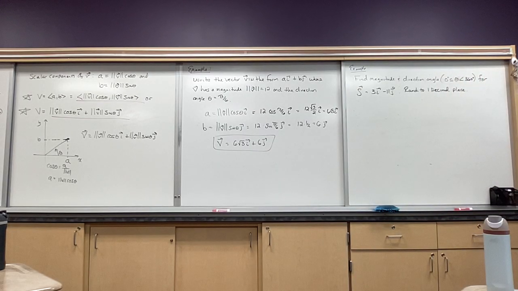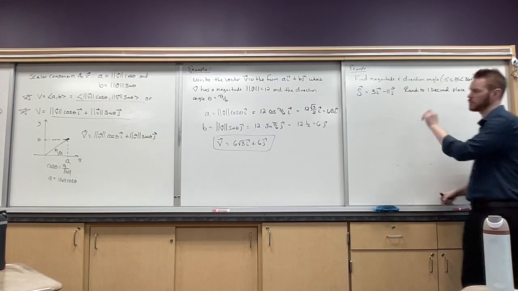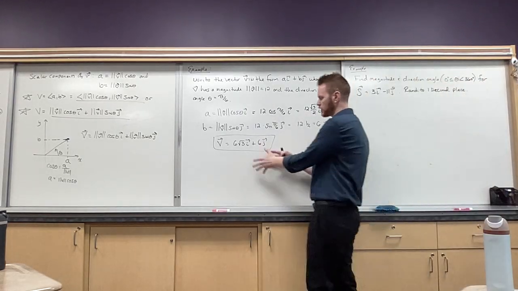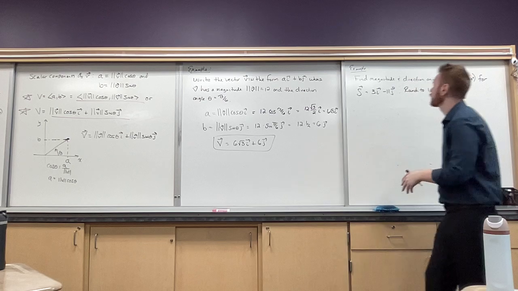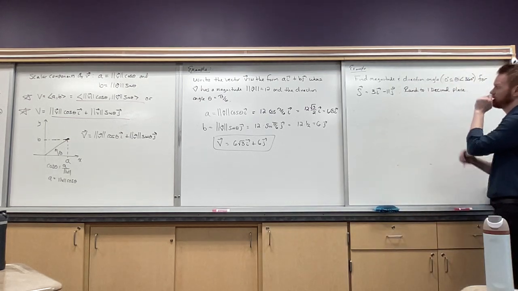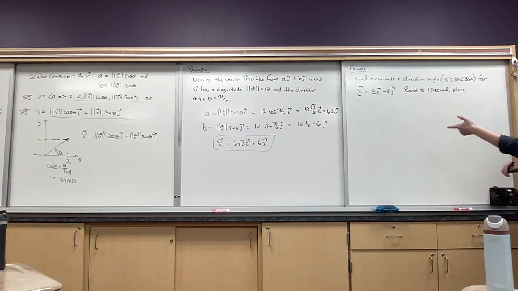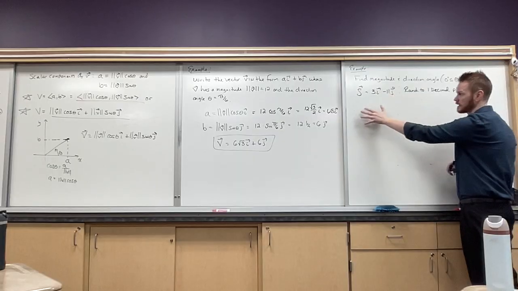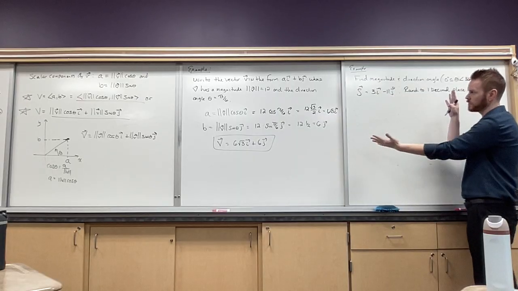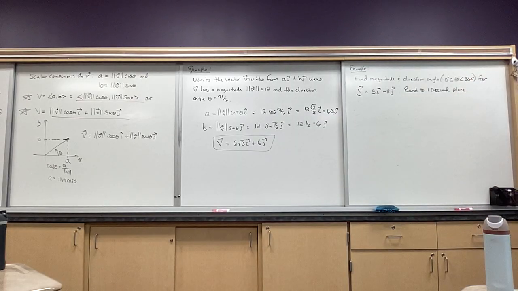So in this example, it's kind of like the reverse of the last one. I had to find the components to make that one up. Now they're giving me those values, so I've got to work backwards to find the length, the magnitude, like the full displacement of that vector, and what angle it makes with the x-axis.